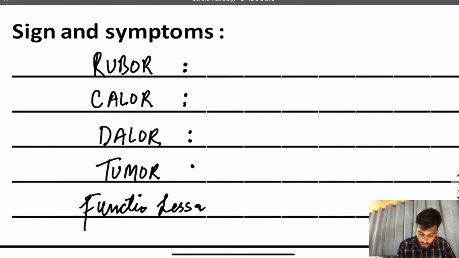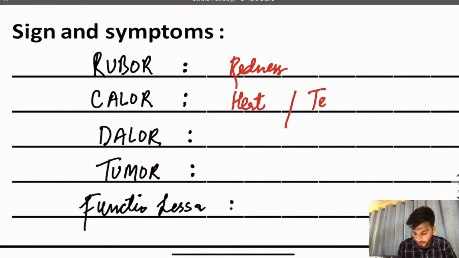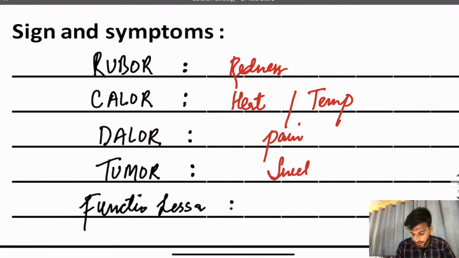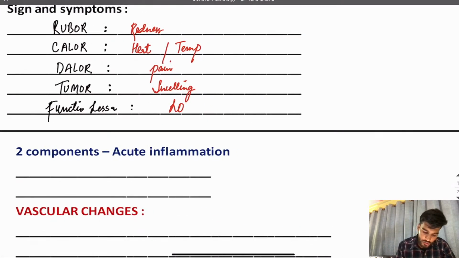What do I mean by rubor, guys? Rubor means redness. Calor means heat or temperature. Dolor means pain. Tumor means swelling. And functio laesa means loss of function.